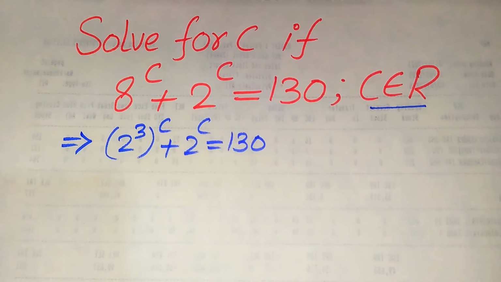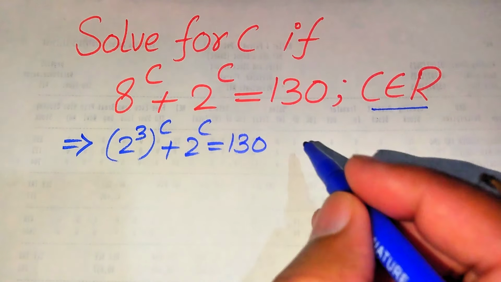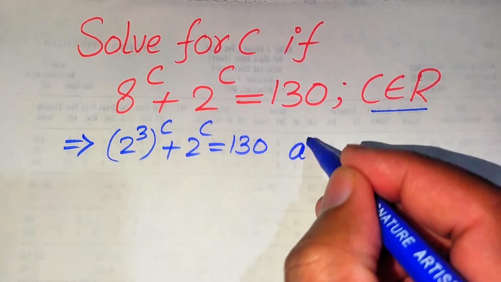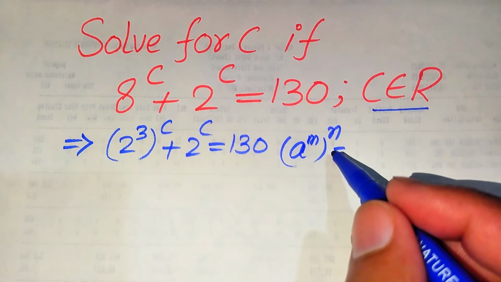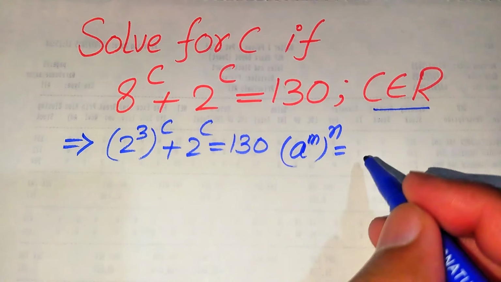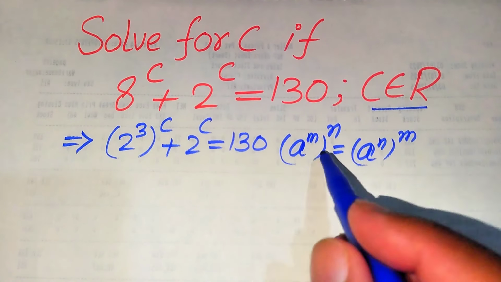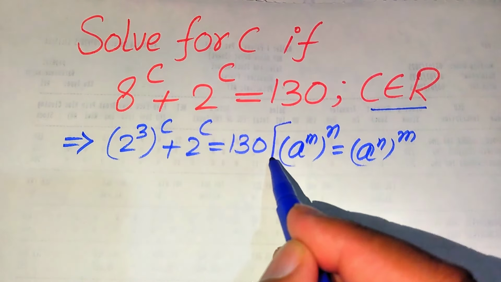And now in the next step we apply the exponent law. You know that if we have a to the power of m to the power of n, an exponent to the exponent in this form, then we just interchange these two exponents and it always gives us the same answer.